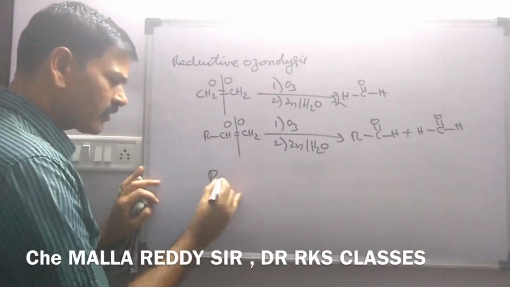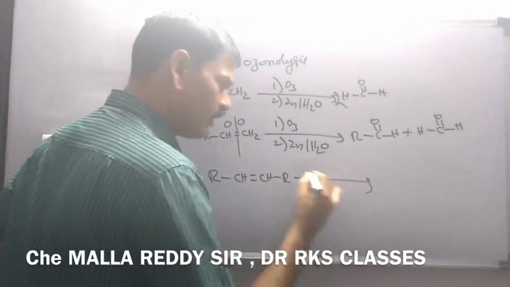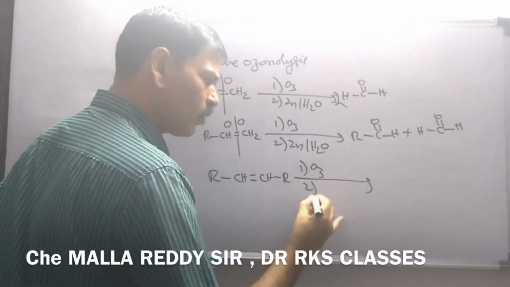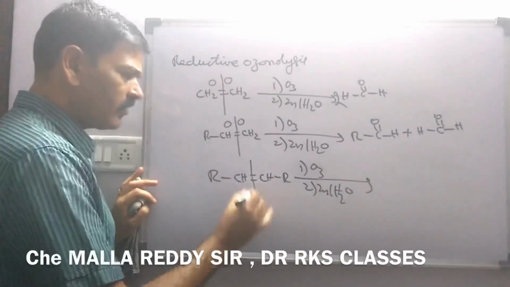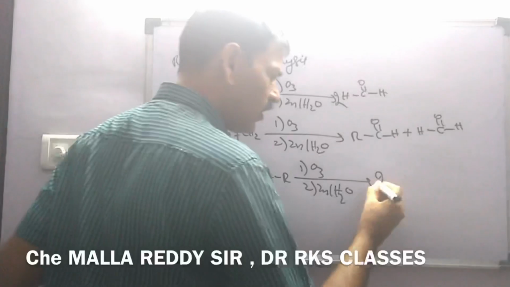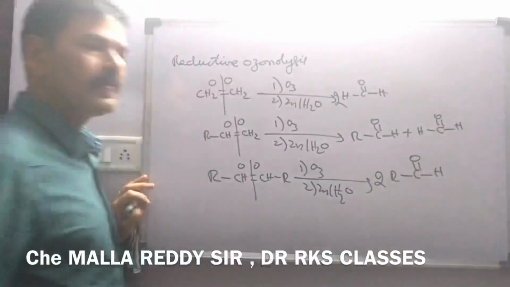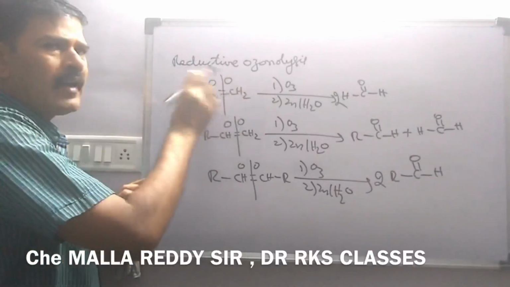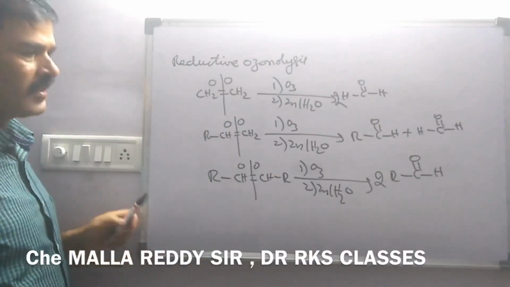For example, you take RCH double bond CHR. Here also reductive ozonolysis, you are getting 2 moles of aldehydes only. Same type of aldehydes are obtained. Just you break the double bond and addition of oxygen, you get the product in reductive ozonolysis.